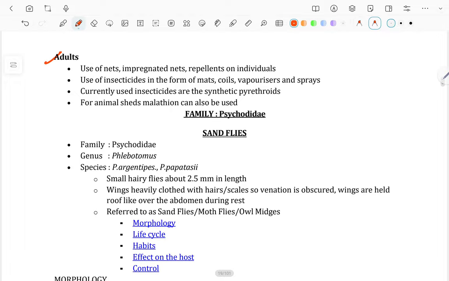Use of net, impregnated net, repellent on individuals. Use of insecticides in the form of mat, coils, vaporizers and spray. Currently used insecticides are the synthetic pyrethroids. Foam and malathion can also be used.